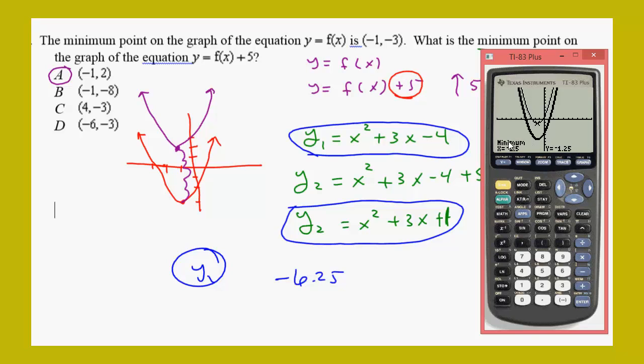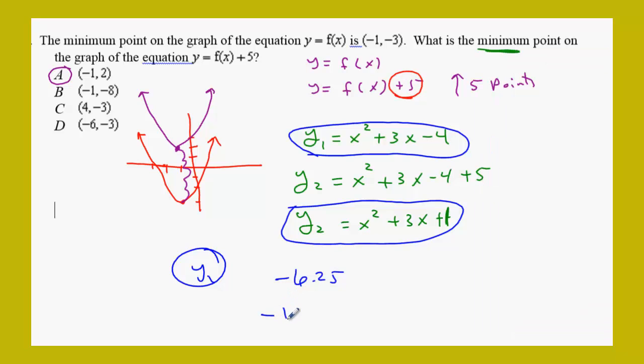Of course, we're not looking at the x-axis, we're looking at the y-axis: -1.25. This is y2. So from y1 to y2, the function increased 5 points up. You take this 5 points and move it here: (-1, -3) is the minimum. You go 5 points up, it's going to be (-1, 2). So these are 4 ways to solve this kind of problem. Work well.